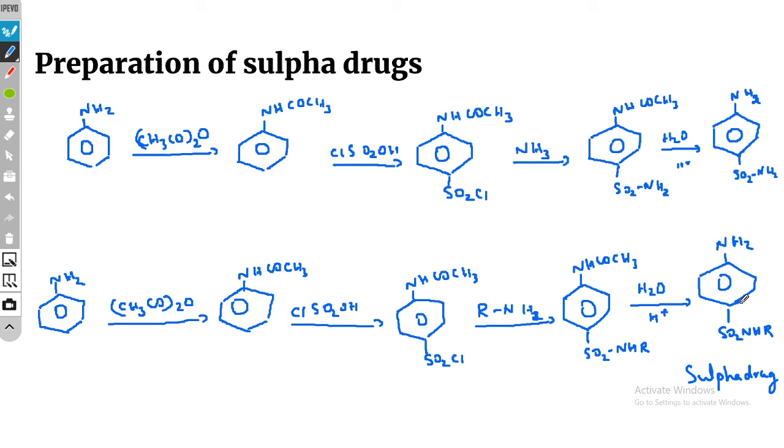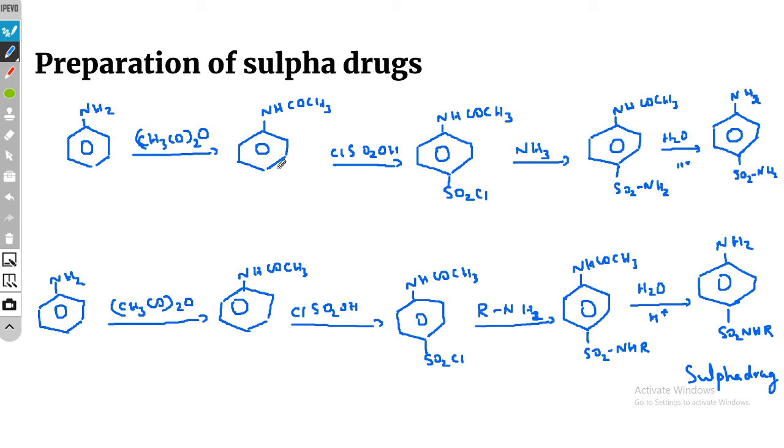In our body, the sulfur drug is hydrolyzed to this active form. So the R group's only role is pharmacokinetics. That is the release of it into blood circulation, and it increases the lifetime of the drug.